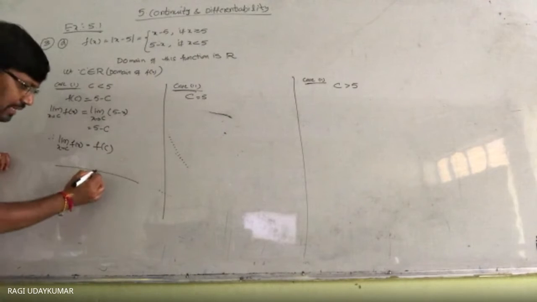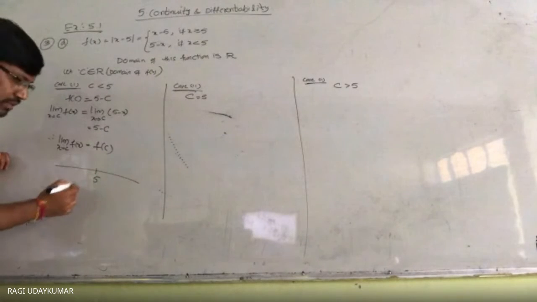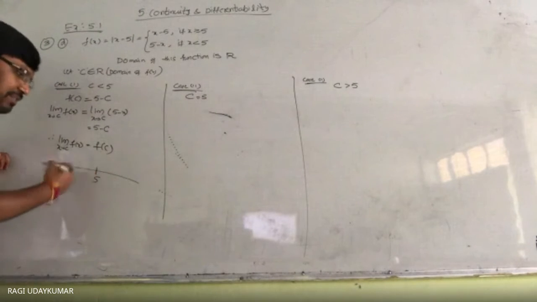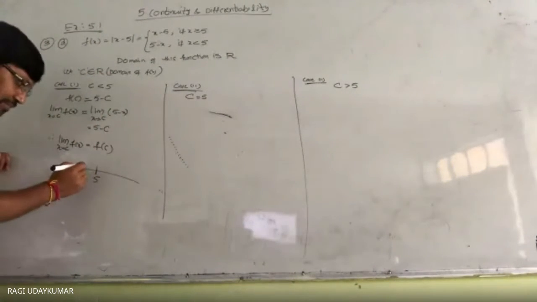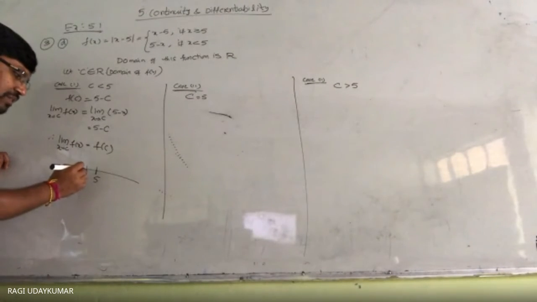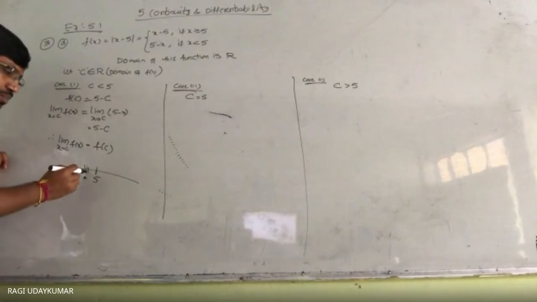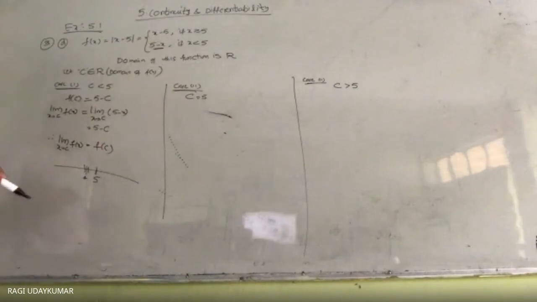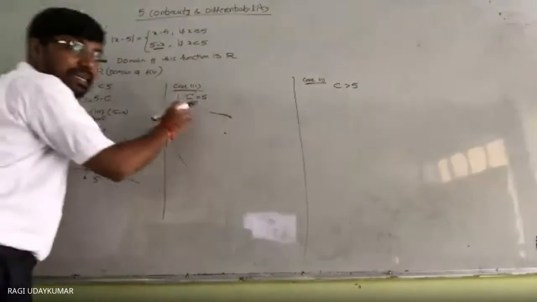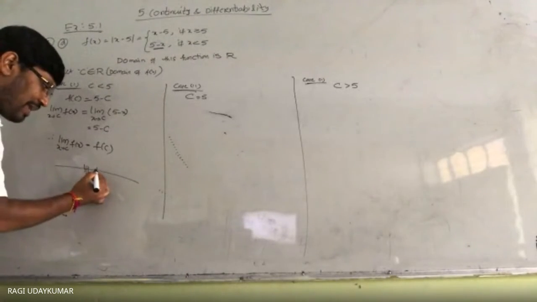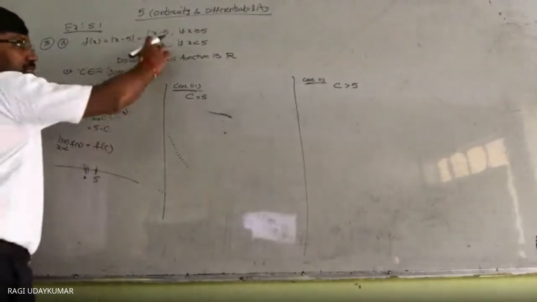Let us consider this is a real number 5. And here 5 is there. 5 का left side बोला, less than 5 बोला, less than 5 बोले तो here it is 4 we are going to do. Left hand limit of this one means here. Right hand limit of this one means here. In both situations, the function is this one only, less than 5. But when it is exactly 5, the left side of the 5 means left hand limit, the function changes.